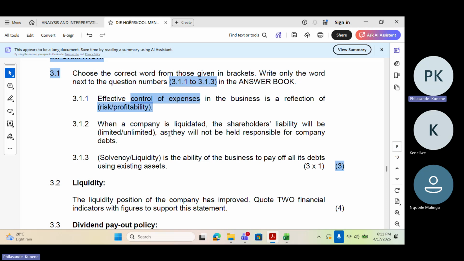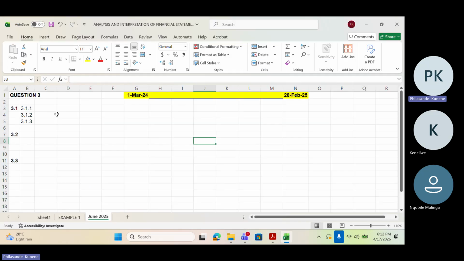If everyone who wants to buy something in a business just does as they wish, then we have no proper controls over those expenses, then we cannot manage the expenses, and therefore the business cannot be profitable. So this one, effective control of expenses in the business, is a reflection of what? Of profitability. So 3.1.1, I'm going to say profitability. Okay. That is number 1.